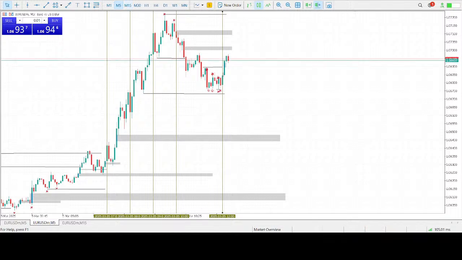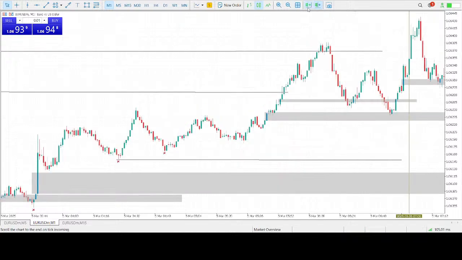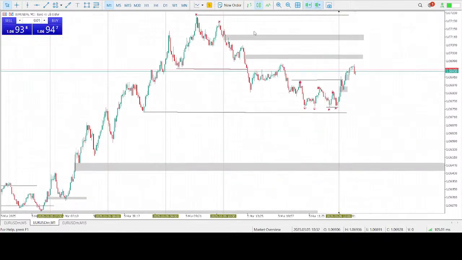The alternative is that the price could actually, given that there is liquidity above, decide to run that out first. But if it runs that, the opportunity would be that at least price still runs back down.